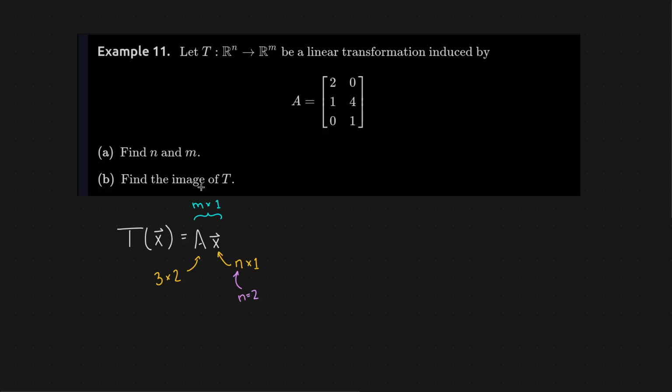Okay, and we also know when I multiply 2 matrices together, the resulting output matrix has the number of rows of the first matrix and the number of columns of the second matrix. So m by 1 better be 3 by 1. That means m better be 3.